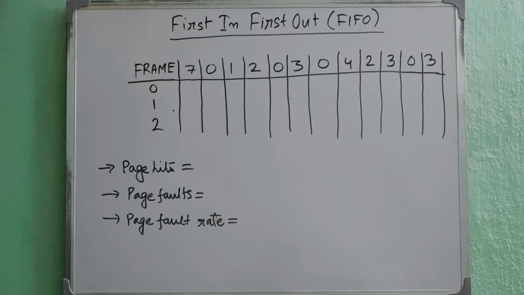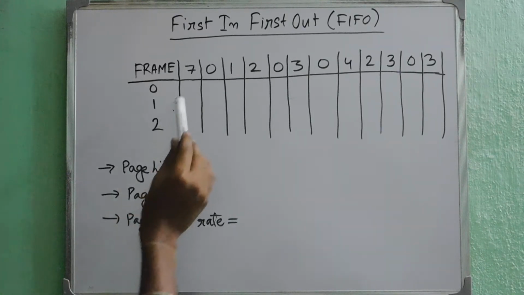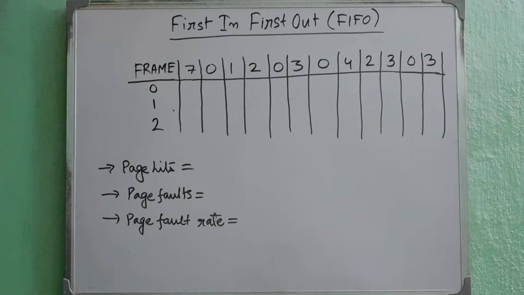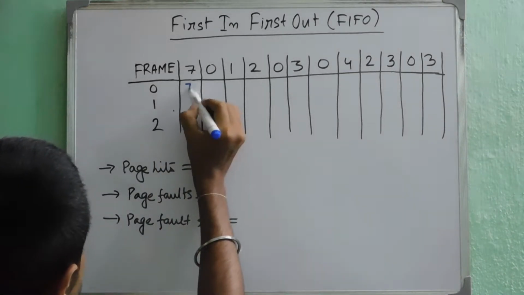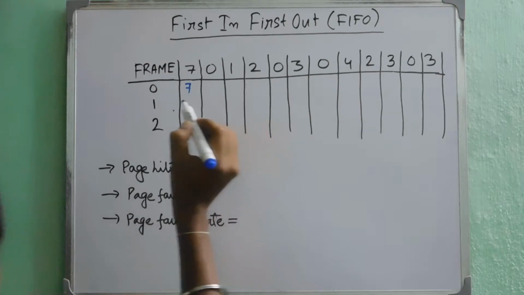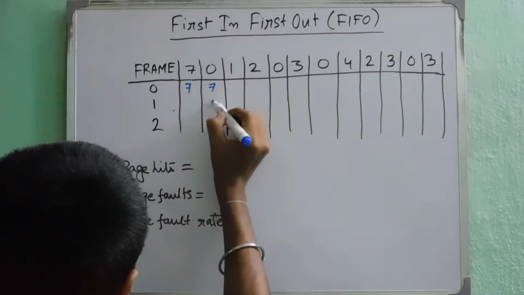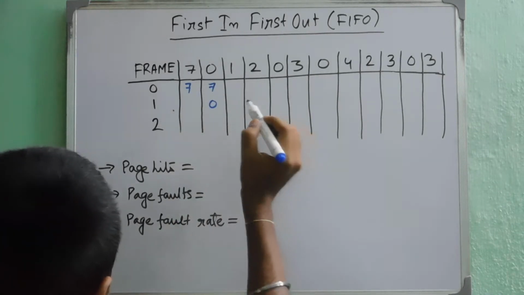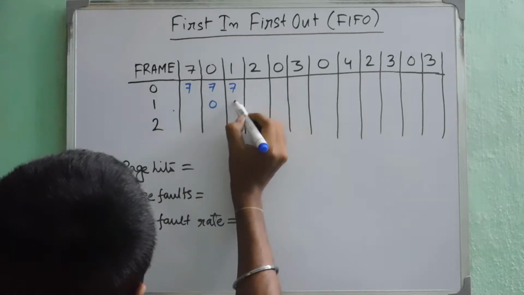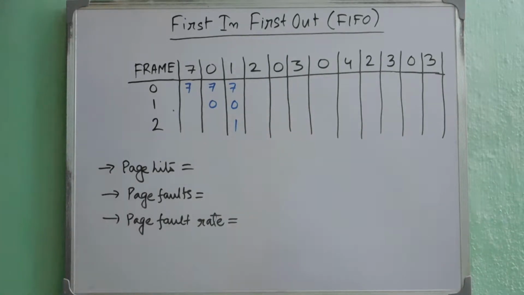So in first in first out, the scheme for replacement is that the page which has been there from the first, or for the longest time, will be replaced. So let's start. First of all 7 will be allotted, then 0 will be allotted without any problem, and then 1 will be allotted without any problem, because there are 3 frames.